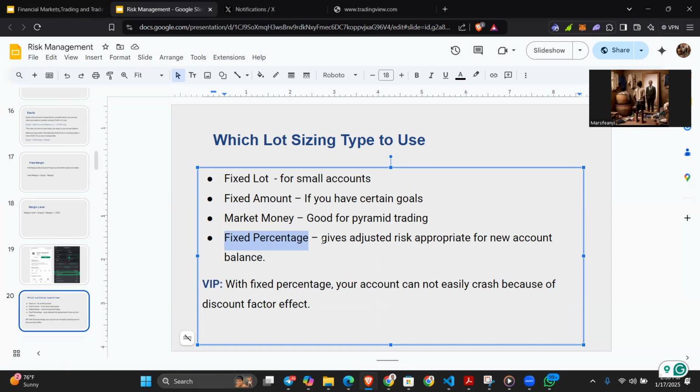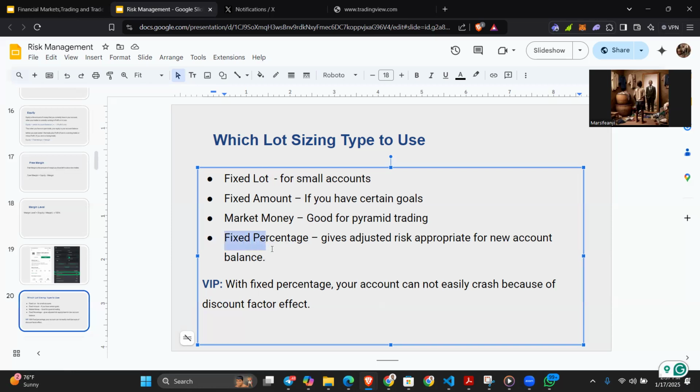What I mean by fixed percentage is that when something is fixed, if you decide to use 2% in that account, you will use 2% all through. If you want to use 1%, you will use 1% all through in that account until you reach a target. So you can never blow an account. You can write it boldly.